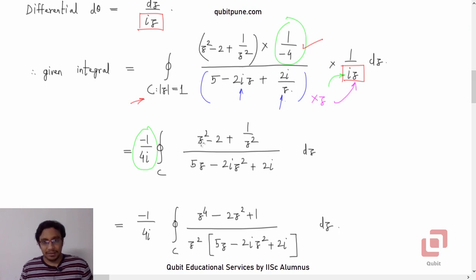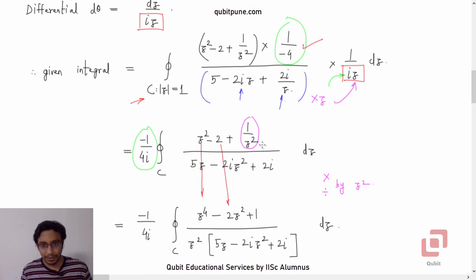The next thing is you have to multiply and divide by z squared, because you have 1 over z squared here. So if you do that, what will you get? It will be z to the power 4, minus 2z squared, and this will now be simply 1.